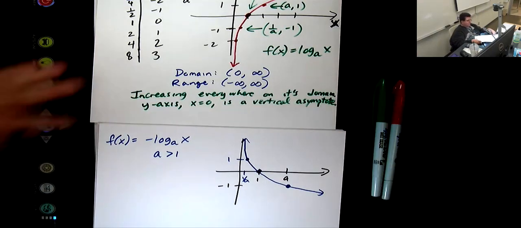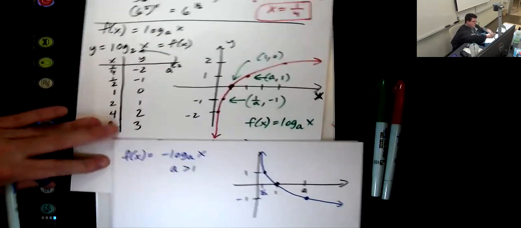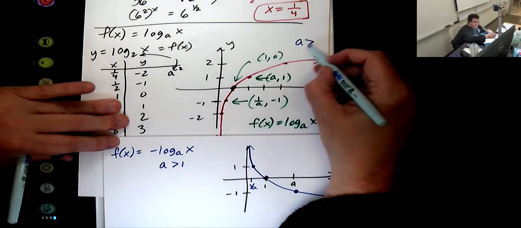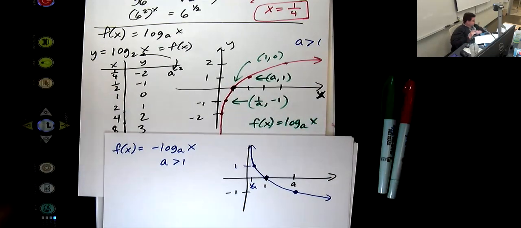I should have said this on the previous graph. This graph is for a greater than 1. I think I missed that. That seems pretty important now.